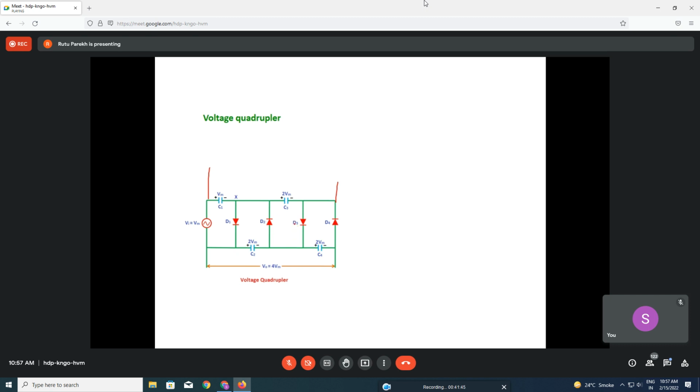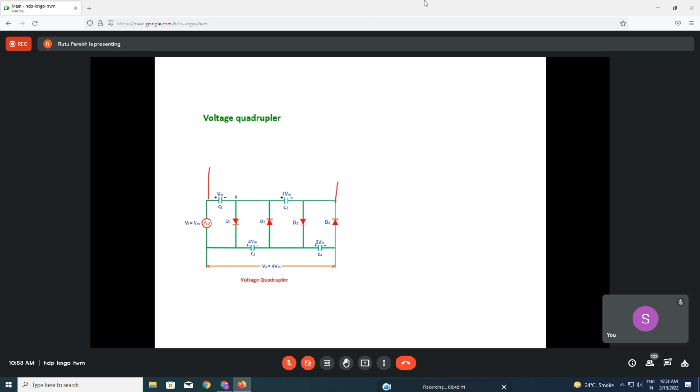So during the second positive half cycle, diode D3, this one, is forward biased, and diodes D1, D2, and D4 will be reverse biased, okay? Diode D1 is reverse biased because of the polarity, because this is plus and this is minus, the way it is connected, and across C1.